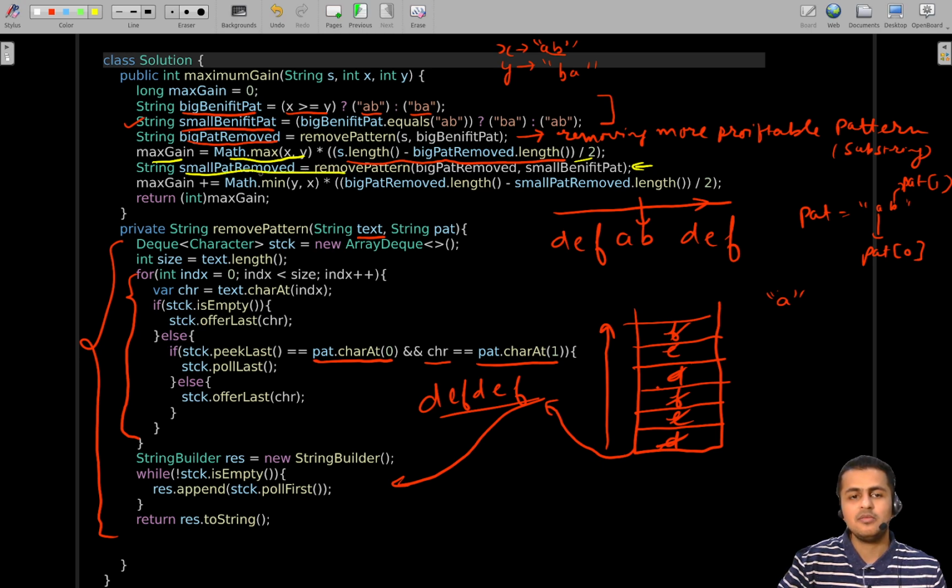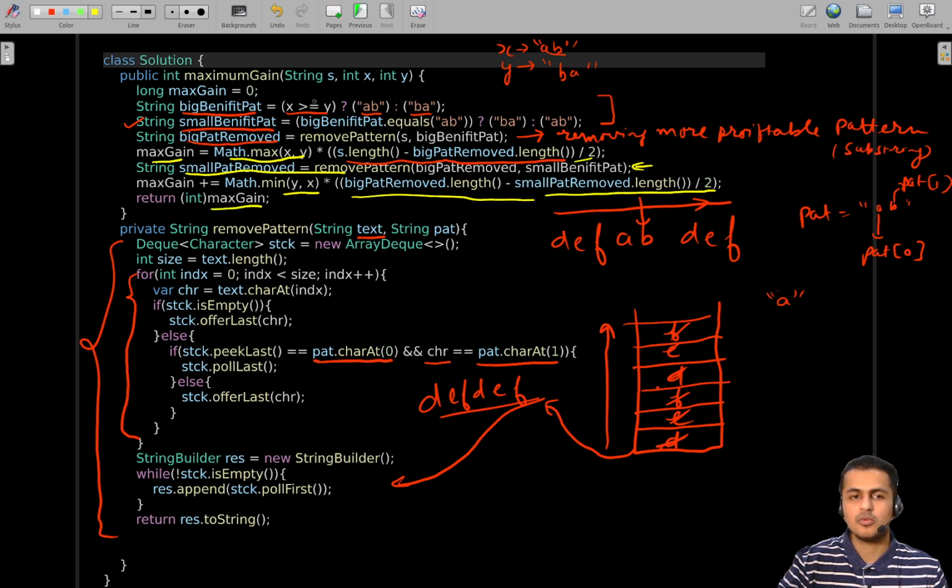Once we remove this less profitable pattern, we will again update our maximum gain by taking the minimum of x and y points and multiplying it with the number of smaller profitable patterns removed, which will be given by this expression as in the above statement also, and then you will simply be returning your maximum gain.